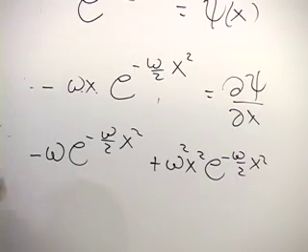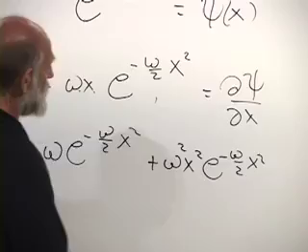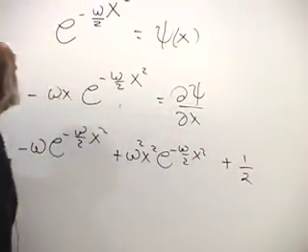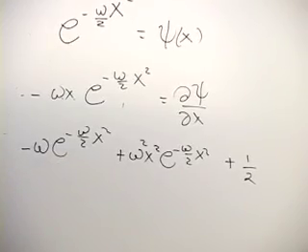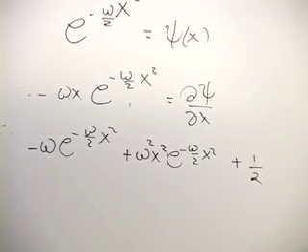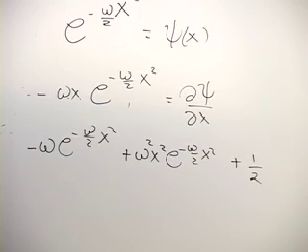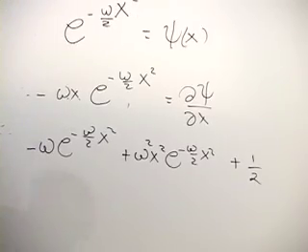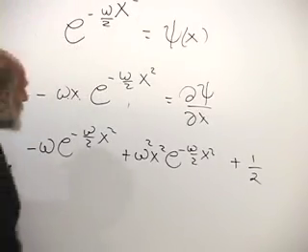Okay, so that's the first factor. Next, plus 1/2. I have a feeling I'm going to be sorry that I threw away that 1/2. Well, we'll figure it out. Then there's plus 1/2 omega squared x squared.